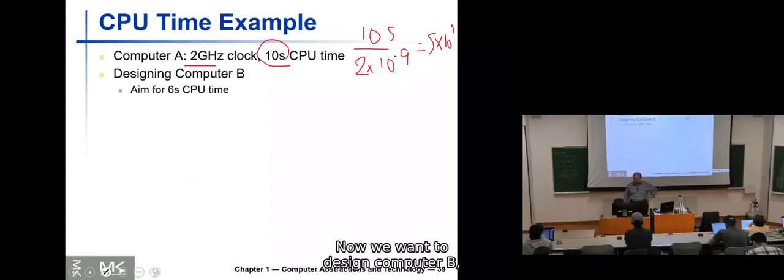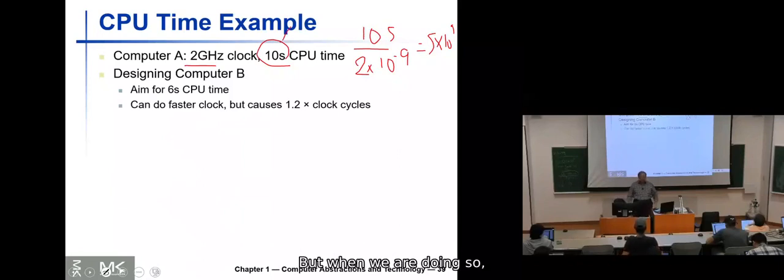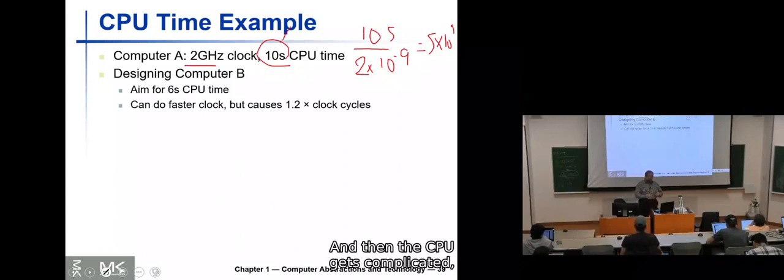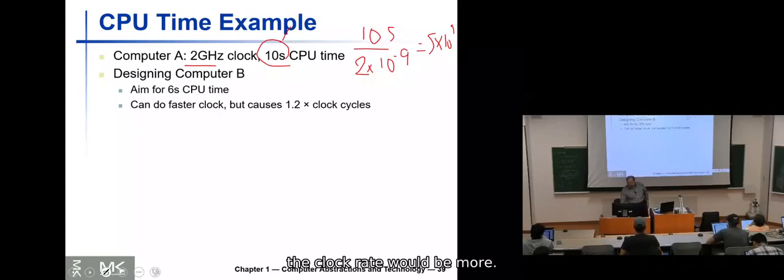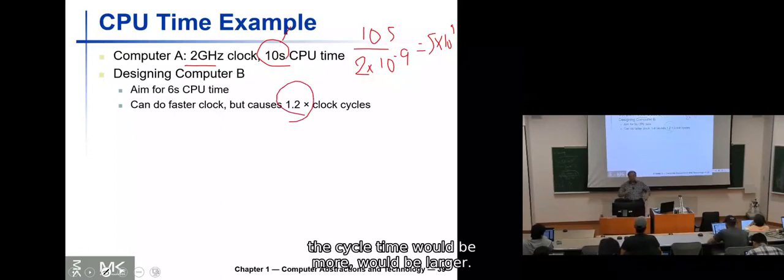Okay. Now we want to design computer B, which should finish the task in 6 seconds. Okay, we want to make it faster. Instead of 10 seconds, we want to make it 6 seconds. But when we are doing so, the CPU gets complicated. And when the CPU gets complicated, the clock rate would be less. The cycle time would be more, would be larger.